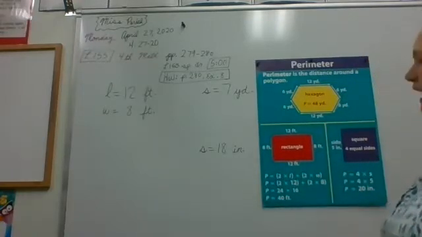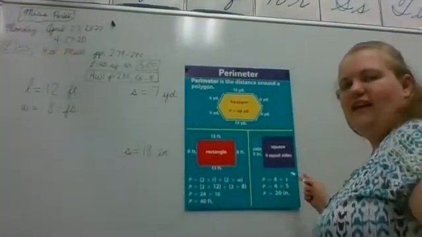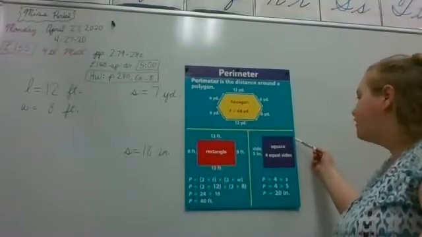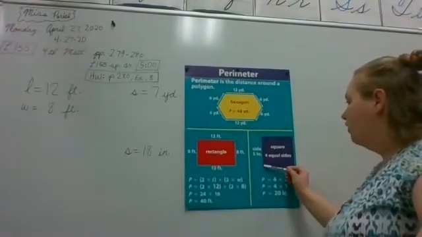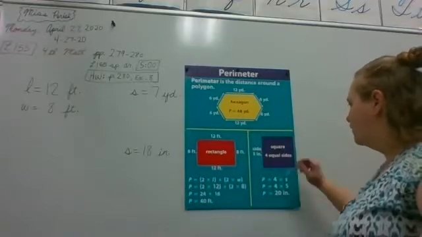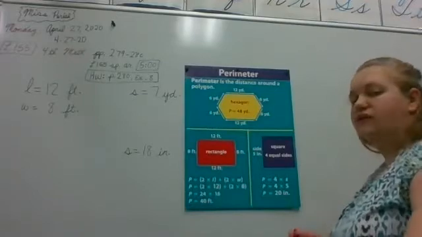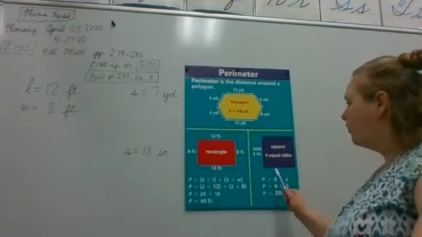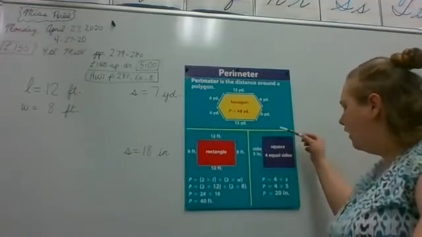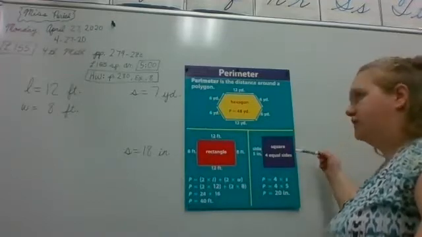Over here, we're going to look at a square, okay? A square has 4 equal sides, right? So it's 5 inches, 5 inches, 5 inches, and 5 inches. So when we find the perimeter, we can add them all up: side plus side plus side plus side.